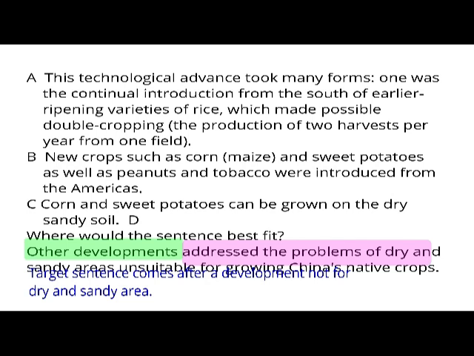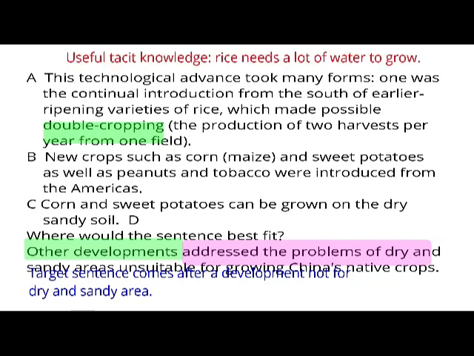A talks about one example of the technological development, double cropping, thanks to the introduction of earlier ripening rice. So A talks about a development which does not address the problem of dry and sandy areas. So A is a good candidate for the target sentence. If the following sentence is a development relating to farming in dry and sandy areas, then this is the correct spot.